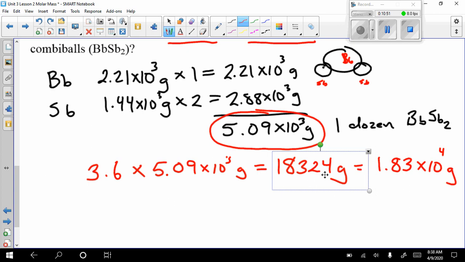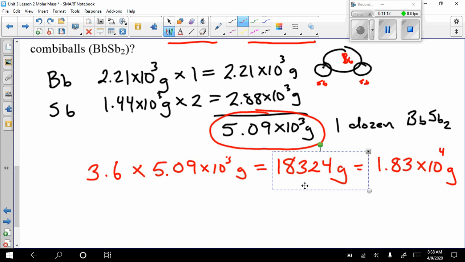So your calculator, if you type that in, would probably show 18,324, but I can turn it back into scientific notation by just moving the decimal place. Okay, so that's just an analogy, showing that we can move back and forth between counts and masses.